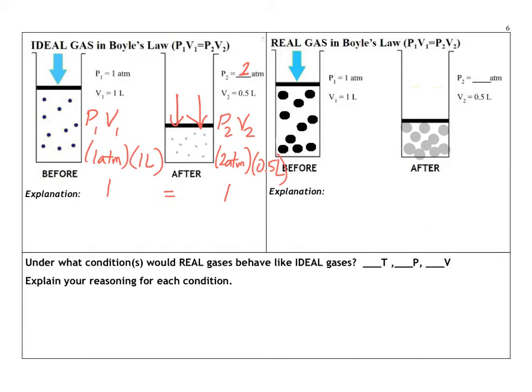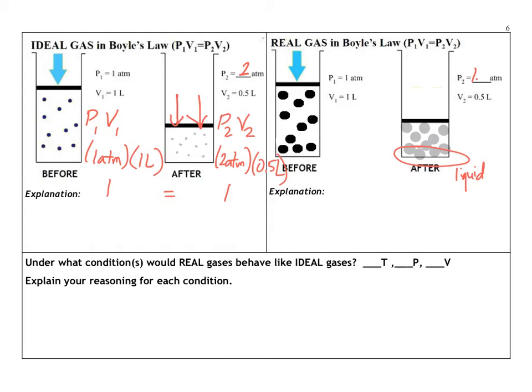And so in reality, some of these particles are going to condense together and become a liquid in the end. And that means there's less gas particles on top here to exert pressure. Thus, your pressure isn't going to be 2 atm as expected. It'd be something less than 2 atm.